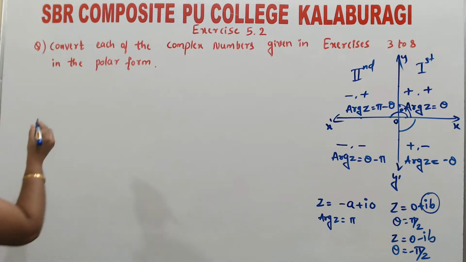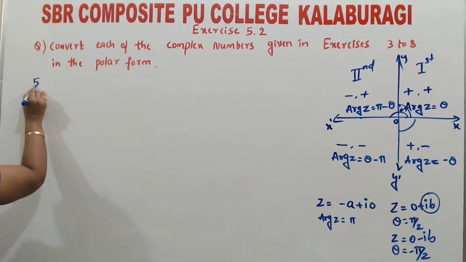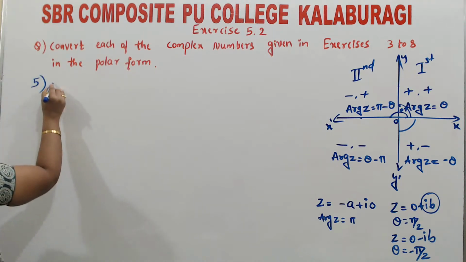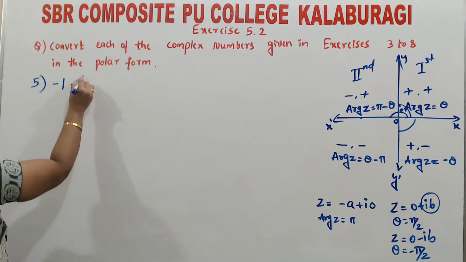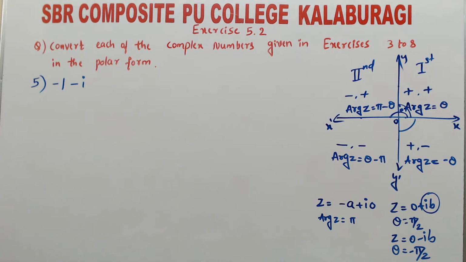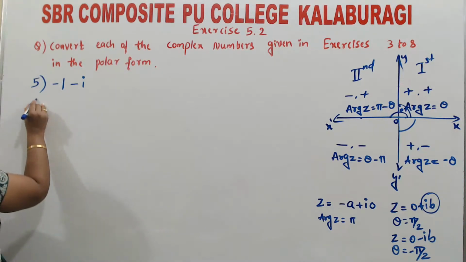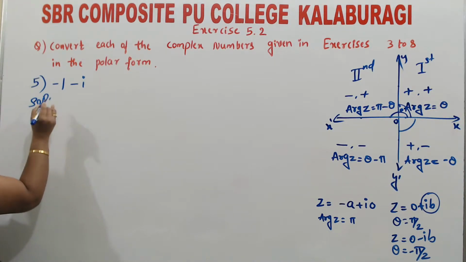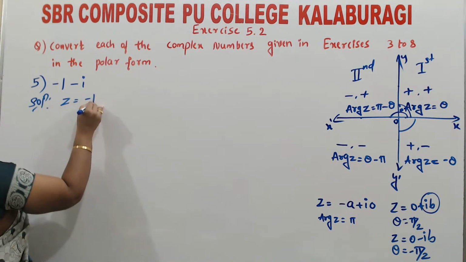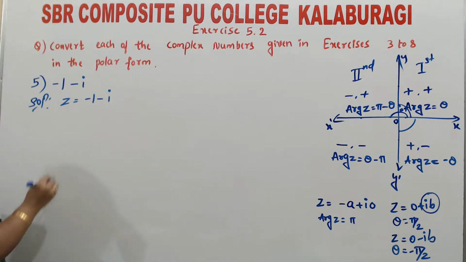Next one, the fifth one. Fifth example is minus 1 minus i. Solution. Given complex number z is equal to minus 1 minus i, right?